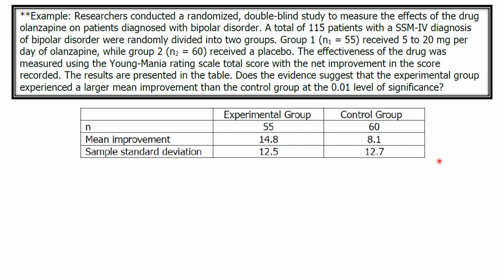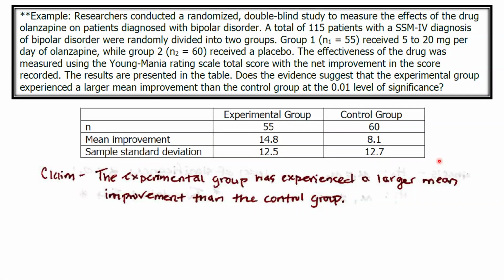Okay. So our claim is that the experimental group has experienced a larger mean improvement than the control group, and we took that directly from the problem. So in other words, we're asking ourselves, did the drug work better than the placebo at improving mania symptoms? So our null hypothesis will be mu1 equals mu2.